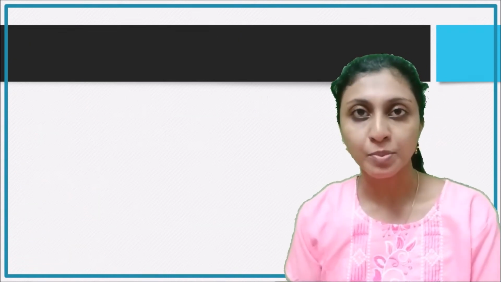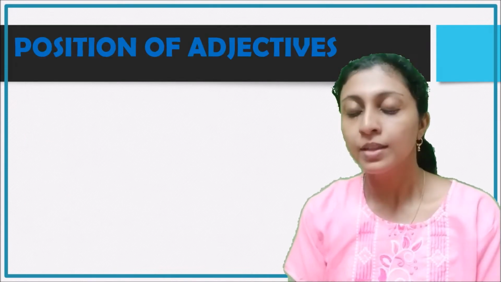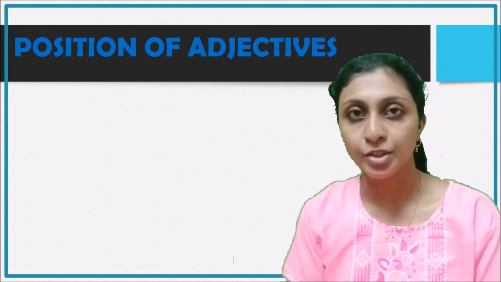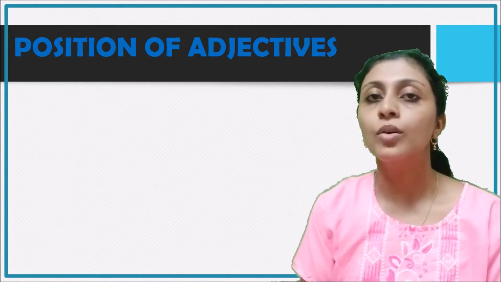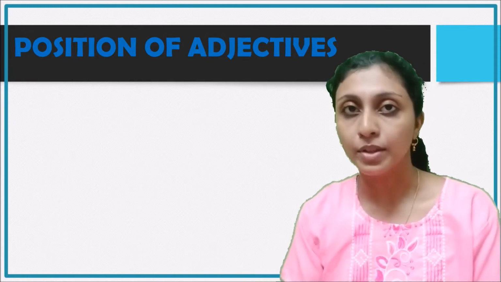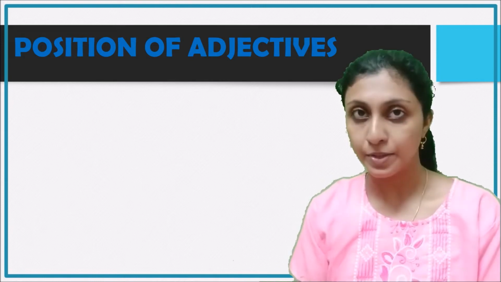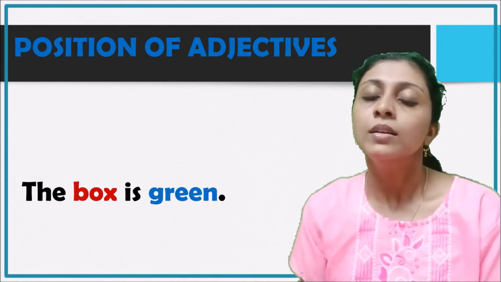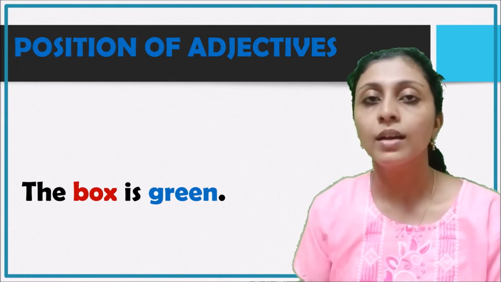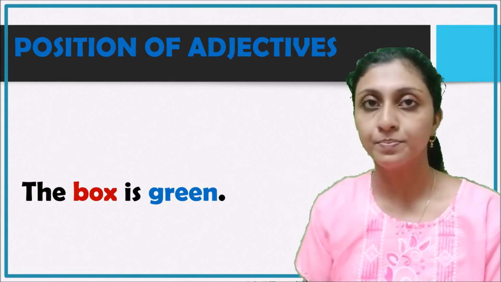Let's move on to the next property, which is the position of the adjective. Depending upon the position of the adjective, that is, when the adjective comes before the noun or after the noun, the adjectives are different. If you say, the box is green, here we have the noun box, and then the adjective comes after the linking verb is.